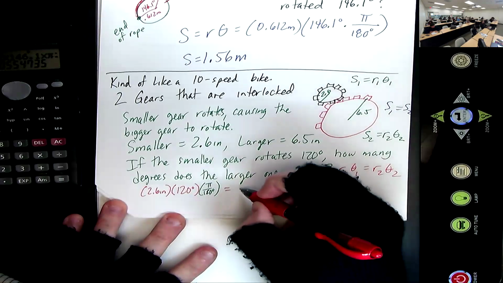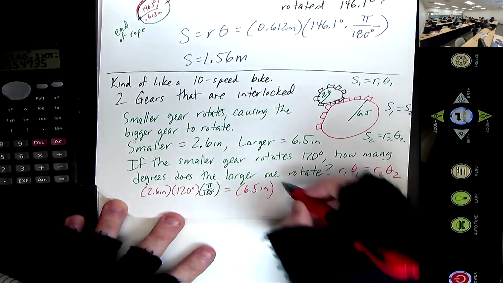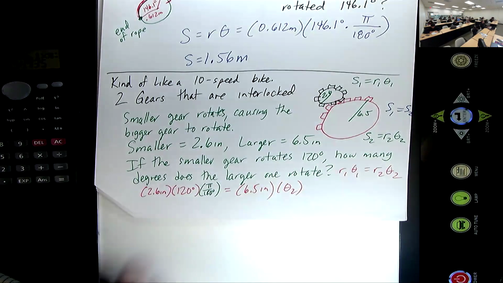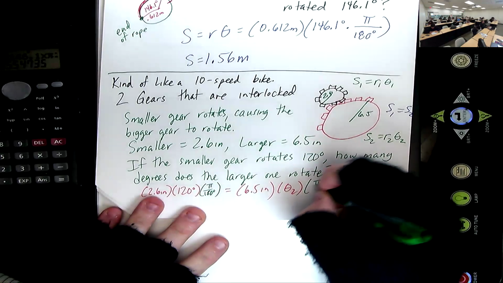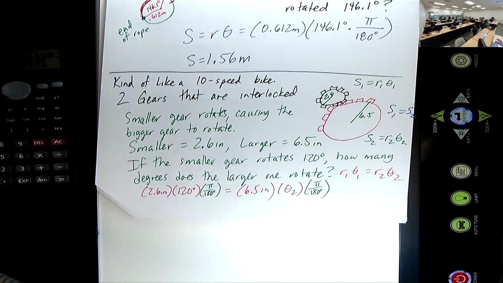R2 had a radius of 6.5 inches. We don't know what theta 2 is. But it's in degrees and it would be pi over 180 degrees. Now I want theta 2 in degrees, because it says how many degrees.